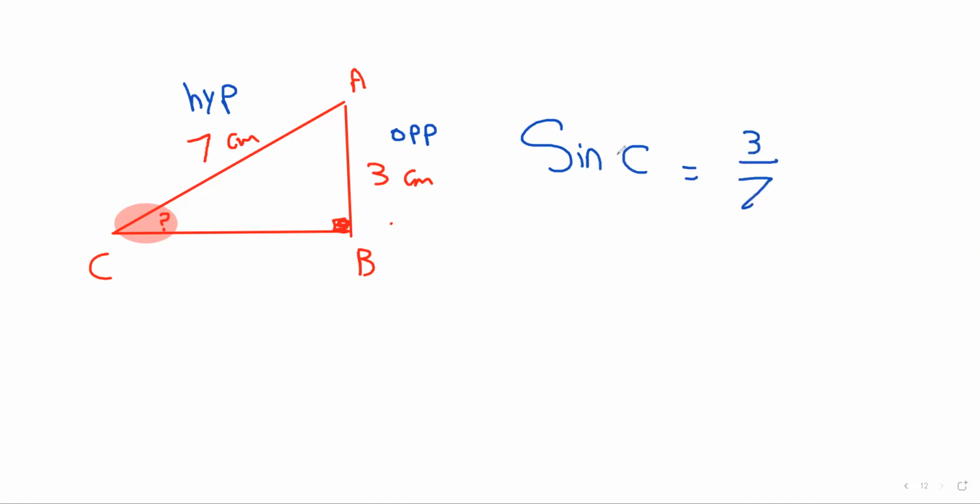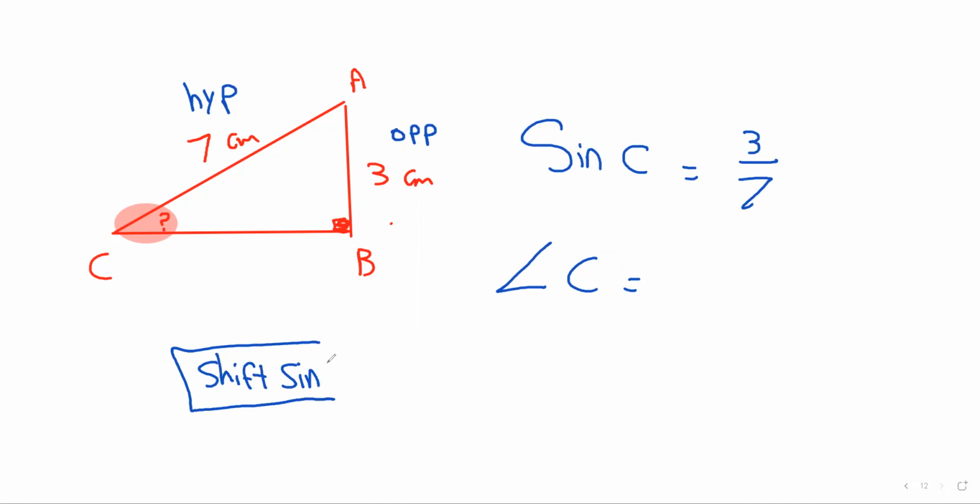How can we get angle C? Just use the calculator. Click shift sine. Clicking shift sine means you are asking about the angle whose sine is 3 over 7. So angle C equals shift sine 3 over 7. You will find sine raised to the power of -1 written on the calculator, that's the inverse function.